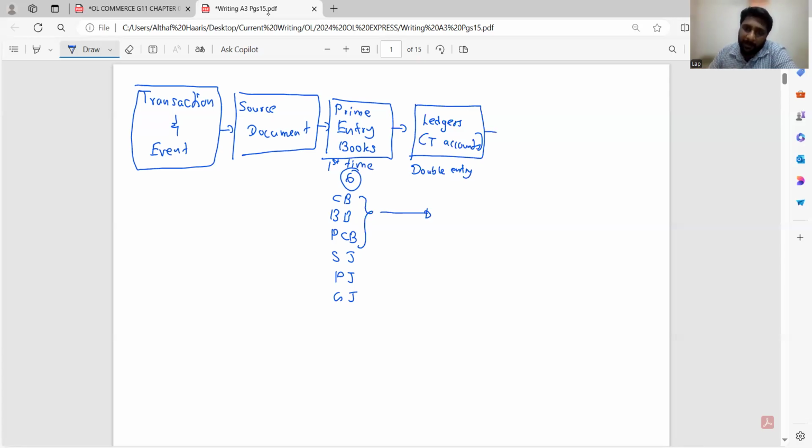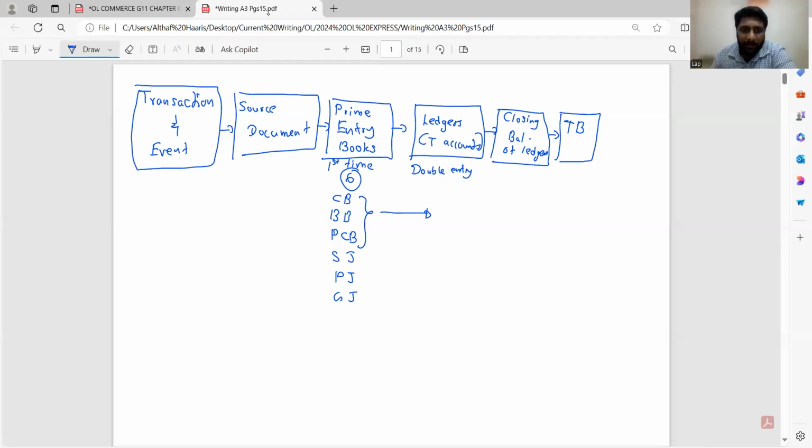Then we took the closing balances of ledgers. Using the closing balances, we prepared the trial balance.